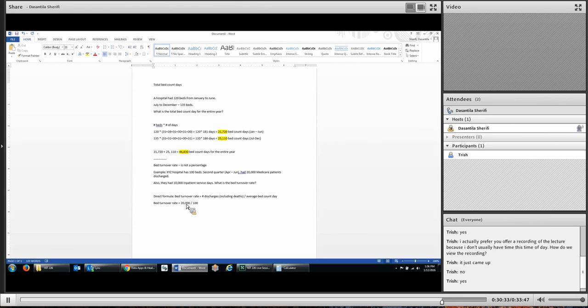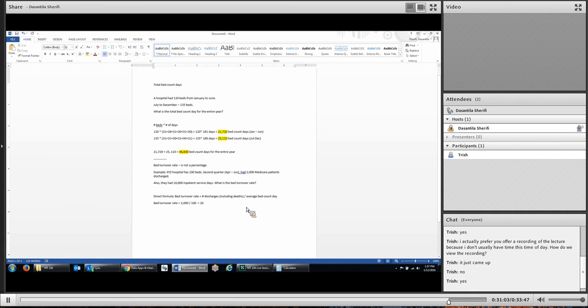That was the number of beds they had on average every day, right? Okay. Actually, this is too big. I apologize again. This was 2,000 after all, okay? Because it seemed a little too big. Usually the bed turnover rate does not end up being that big. Okay, so the bed turnover rate in this case would be 20. And that's where you leave it. That's the end of your problem.